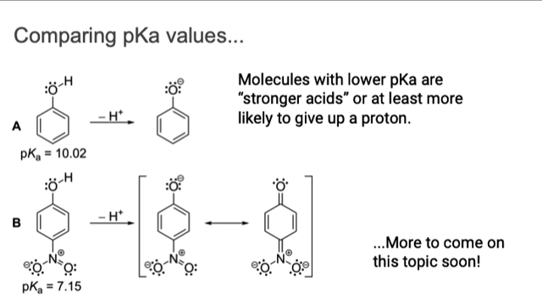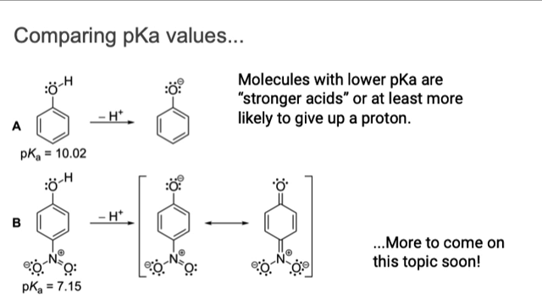We often use pKa values to distinguish between molecules in terms of which one will be more likely to give up a proton. Here, which one would be more likely, A or B? And so with a pKa of 7.15, B is more likely to give up a proton.